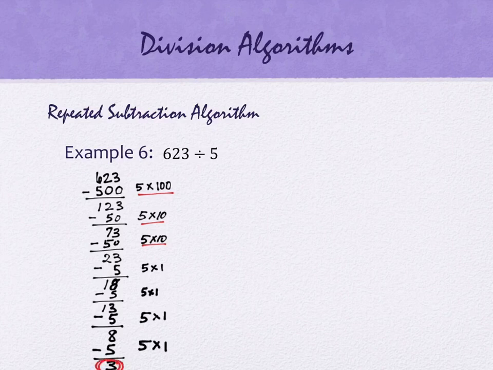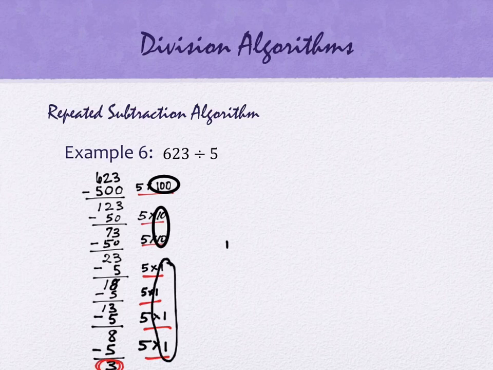This number at the end is the remainder. The answer is how many times I multiplied 5. So there's 100, 20, and then 4. 124, remainder 3.